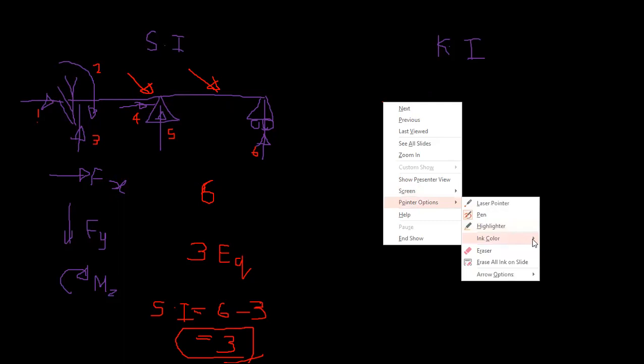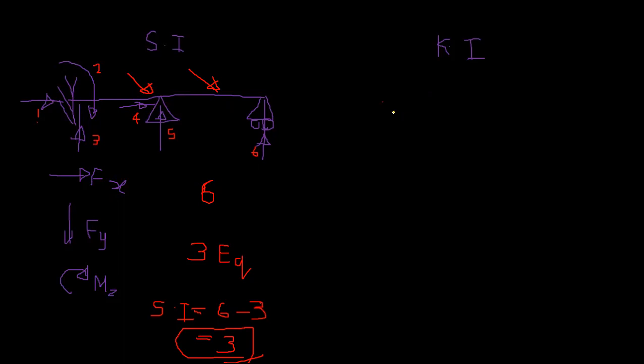Now if you consider the kinematic indeterminacy, what is the actual meaning of kinematic indeterminacy? That means the number of unknown displacements at each joint.